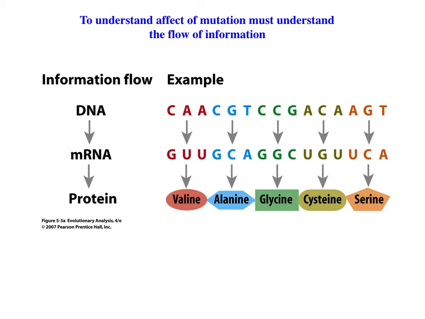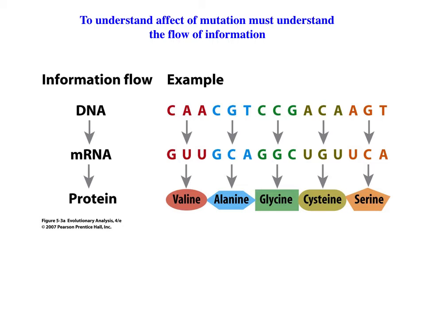Your C is going to bind with a G, and because it's RNA, and RNA does not contain T's but rather U's, which stands for uracil, the U's are going to bond with the A, and so the first codon becomes GUU.